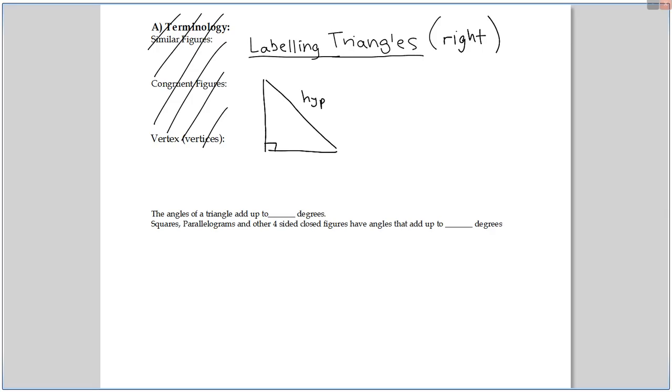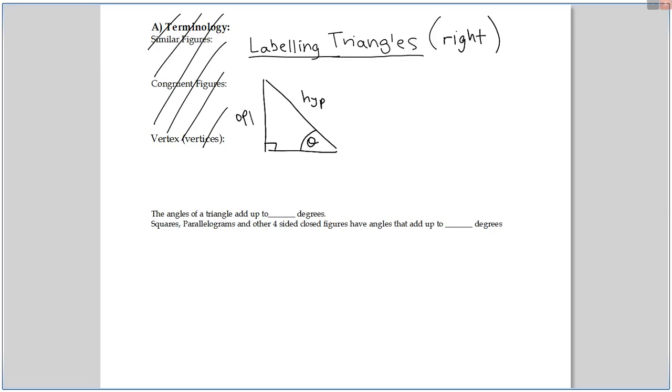So we know our hypotenuse is straight across the 90. So you only have two labels that you need to know. So let's call this theta down here. If we're going to use theta down here, then you need two more labels.